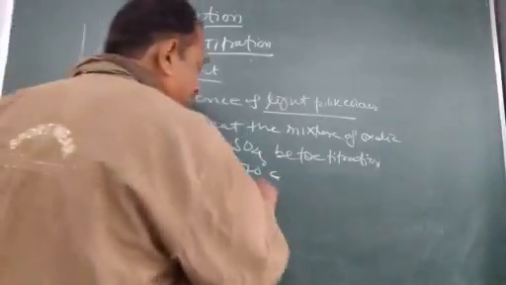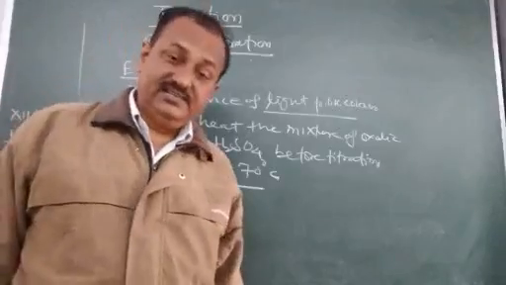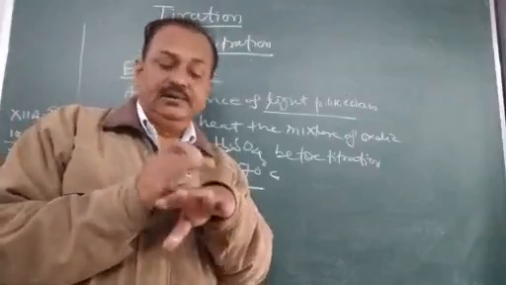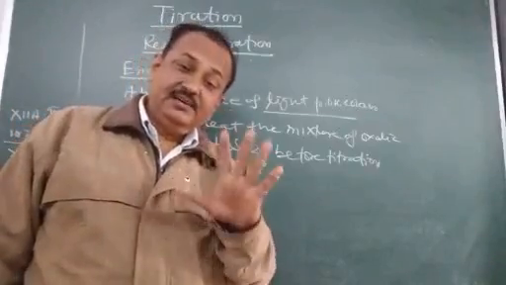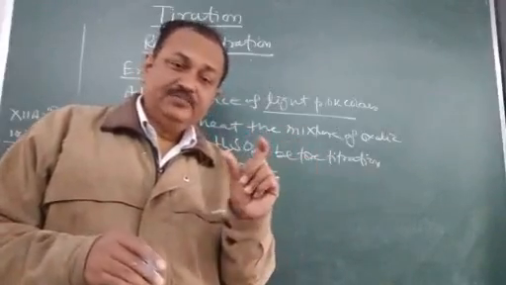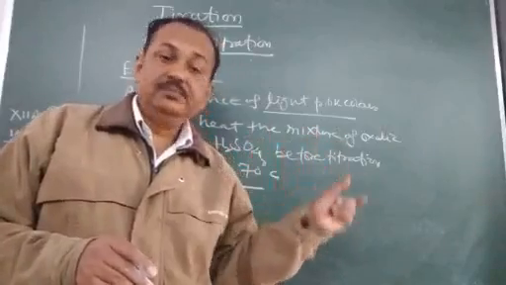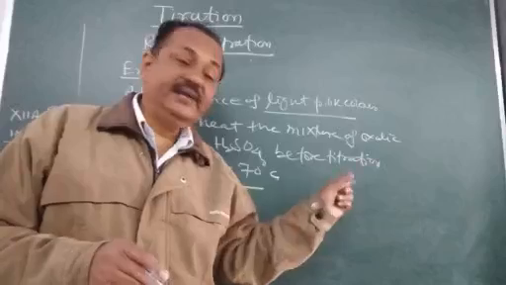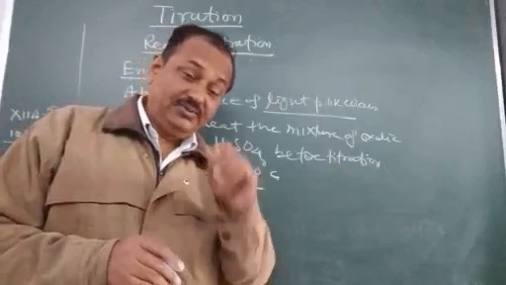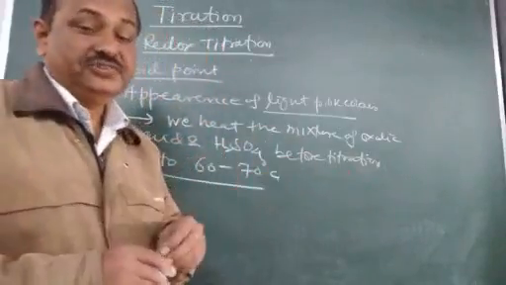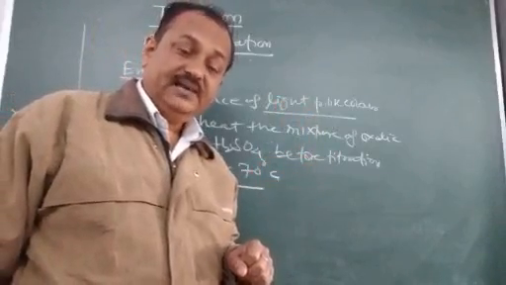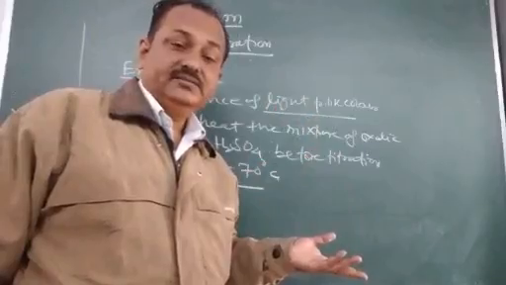This is a very important point. But we don't use a thermometer. The upper part of our palm is sensitive to temperature around 70. Just take the titration flask, warm it on the burner, then bring it near the titration stand quickly, don't waste time, and with constant stirring add the KMnO4 drop by drop, and then you can get the end point.